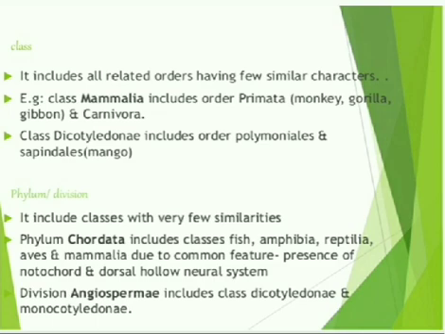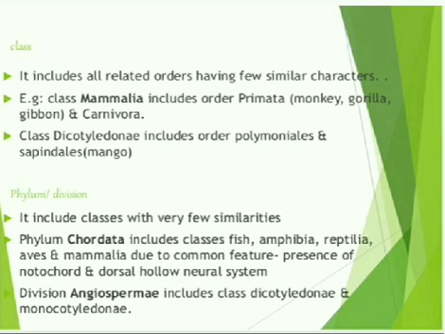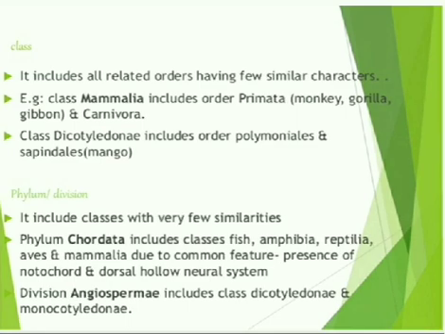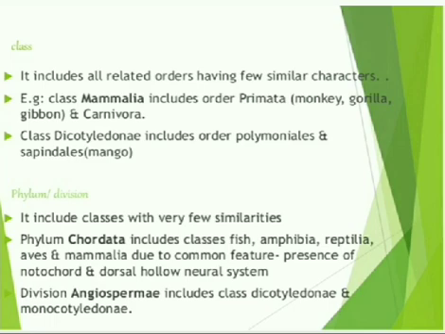The next hierarchy, the phylum or division, includes classes with very few similar characters. For example, chordates. These include fish, amphibians, reptiles, aves, and mammals due to a common feature, and that common feature is the presence of a notochord and dorsal neural system.